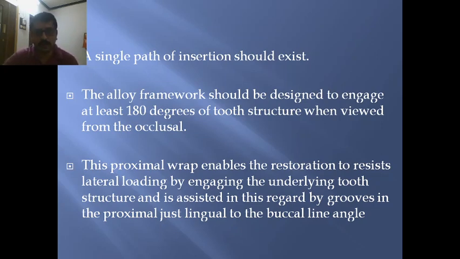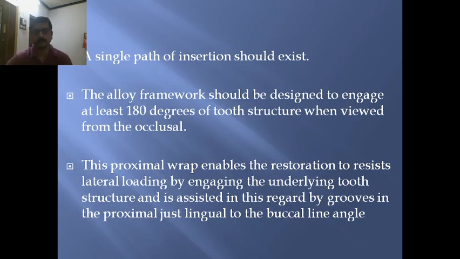The alloy framework is designed, as we told earlier, to engage at least 180 degrees of the tooth structure when viewed from the occlusal aspect. This enables the restoration to resist lateral loading by engaging the underlying tooth structure, and it is assisted by grooves in the proximal surface just lingual to the buccal line angle.